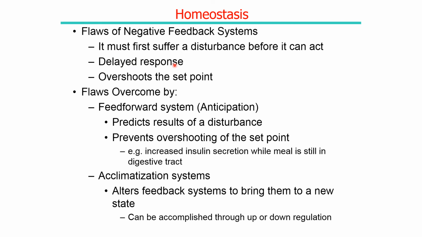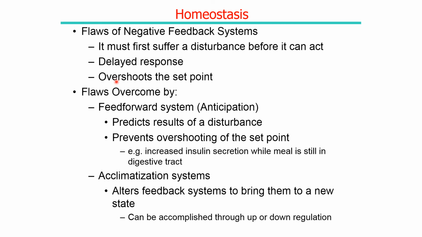Another thing that the negative feedback system has is to overshoot the set point. It means when the negative feedback system is bringing the variable back to the set point, it will not stop at the set point, it will take the variable to the other extreme of the set point. That is called overshooting the set point.